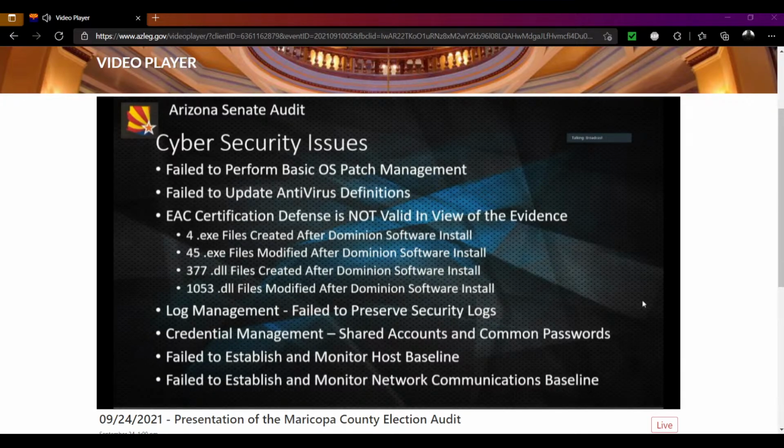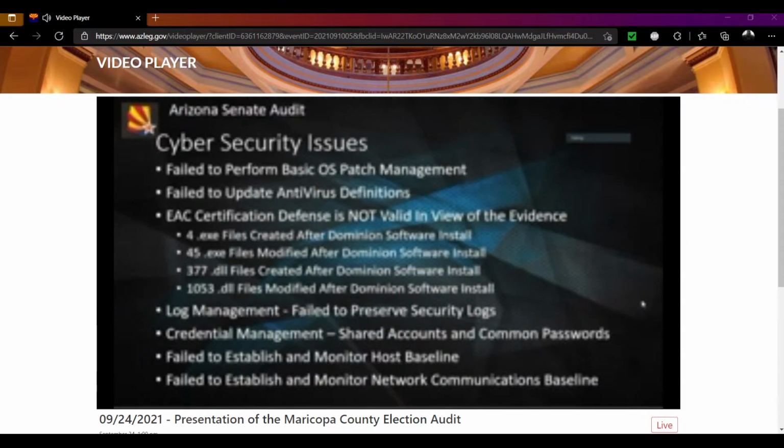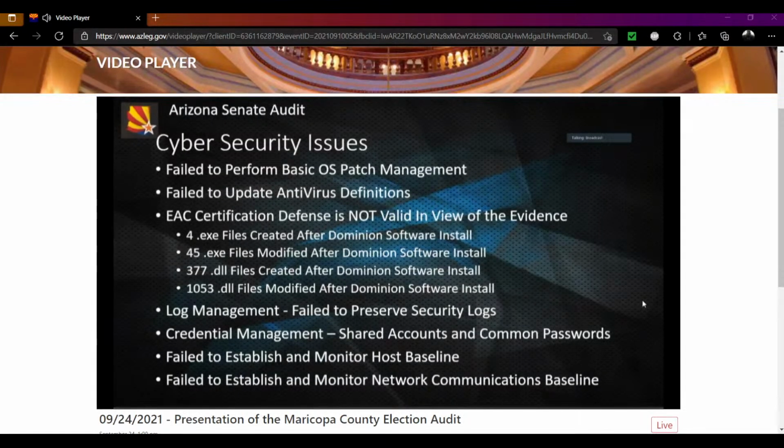So if that is true, then that would mean that no new executable files, no new dynamic link libraries could be created or modified on that system after the date of the software installation, which once again was 6 August 2019.